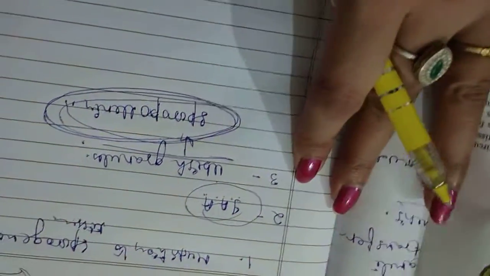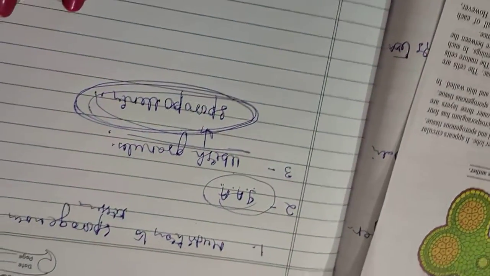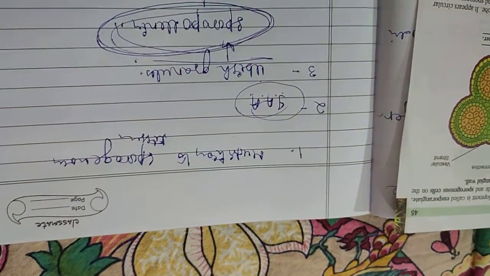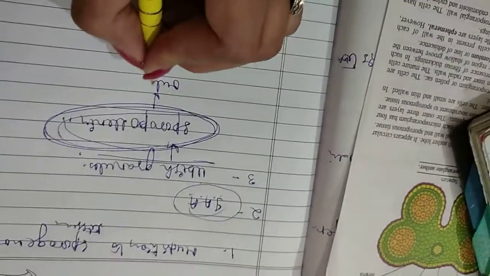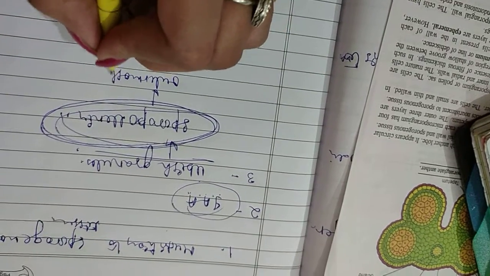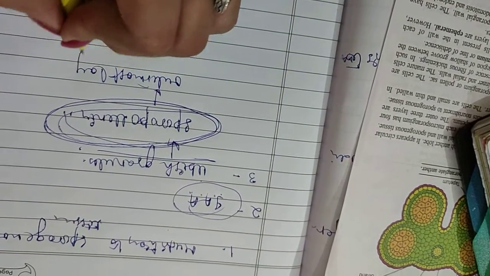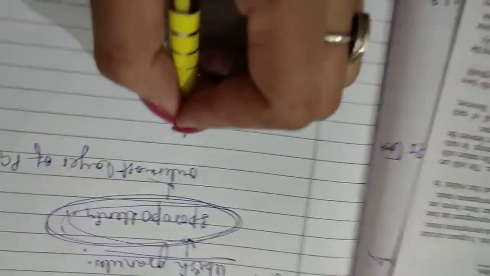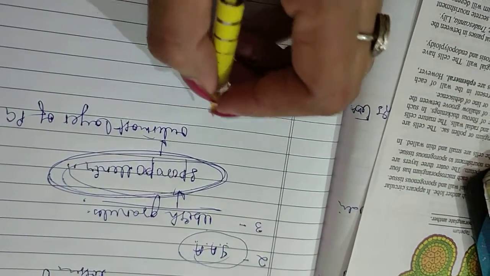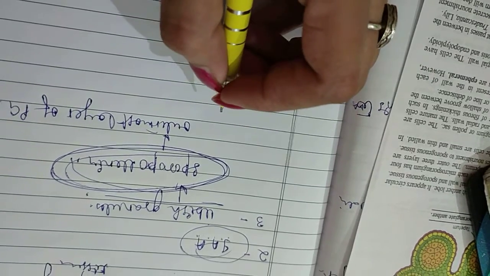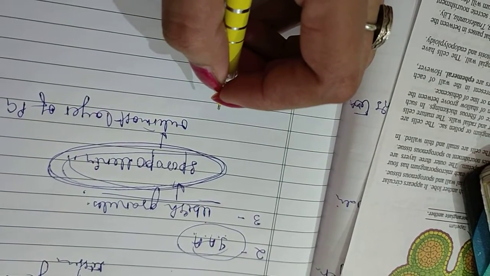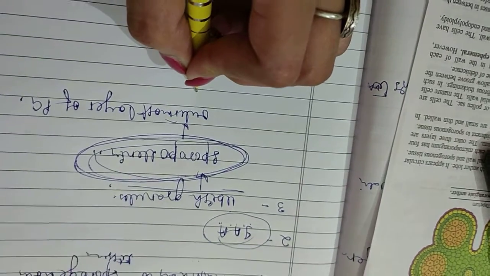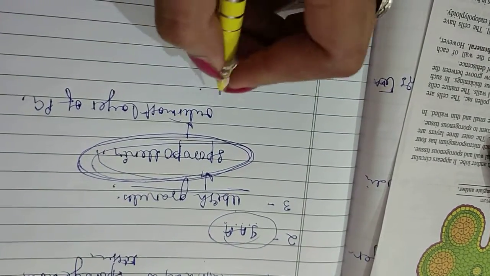So some points about sporopollenin: it is the outermost layer of the pollen grain, and it is made up of a highly resistant biochemical, that's the name sporopollenin itself.